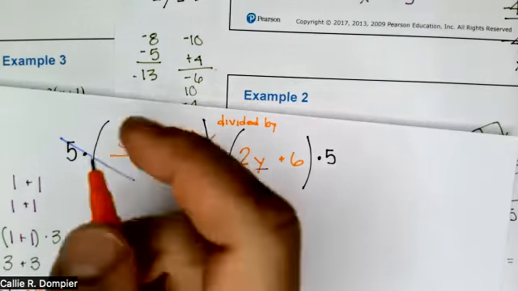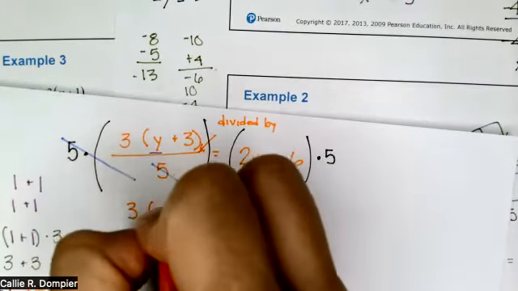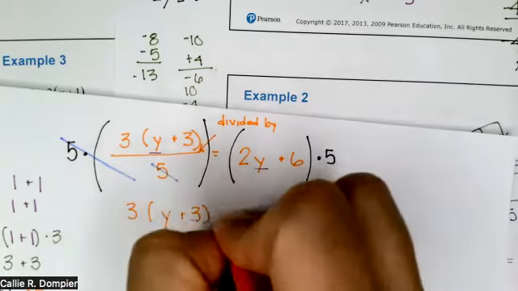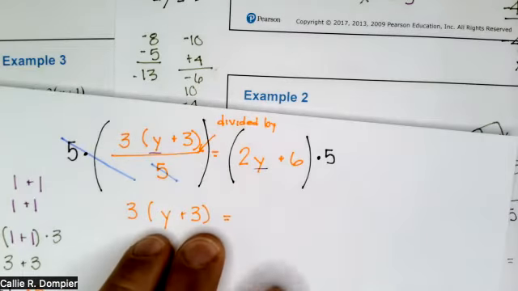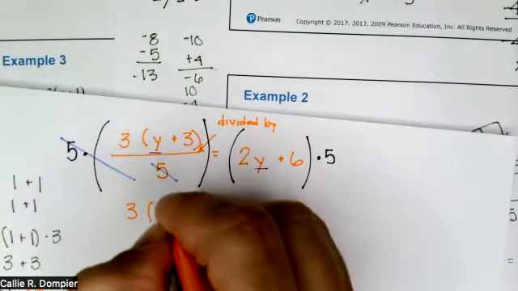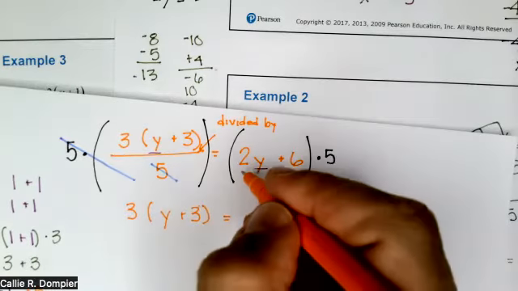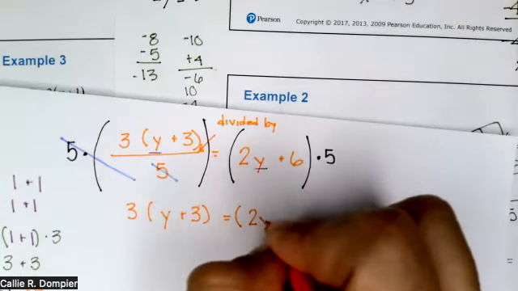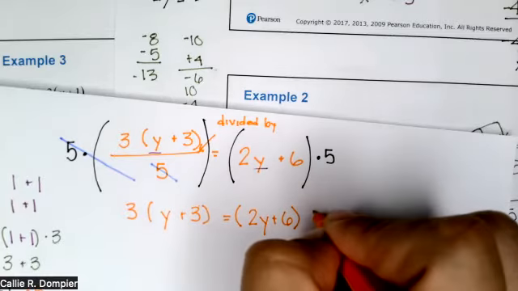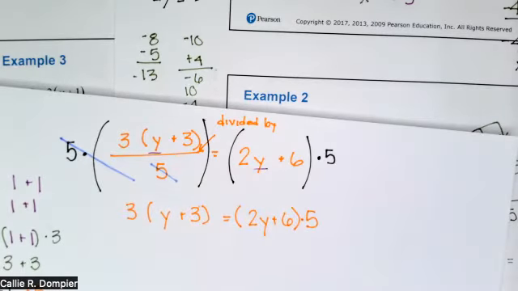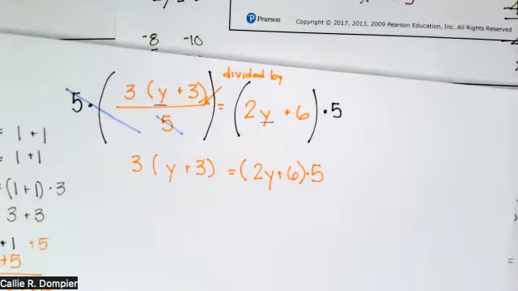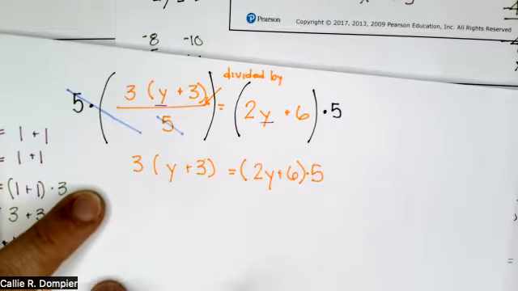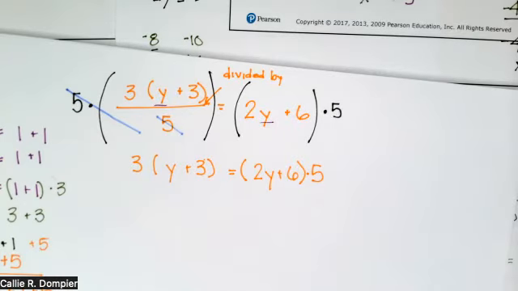So now I have that original 3 times y plus 3 equals, don't forget those parentheses because we are distributing the 3, okay? Equals, and now we're distributing the 5. So you can either write it as 2y plus 6 times 5, or you can multiply it right away, okay? If I'm writing more steps than you need, you don't need to copy down all of those steps.